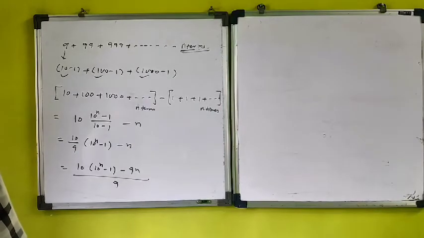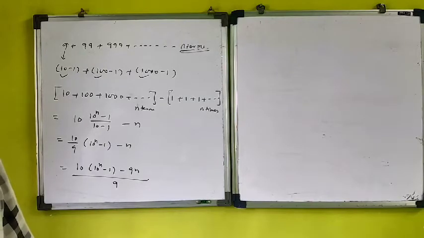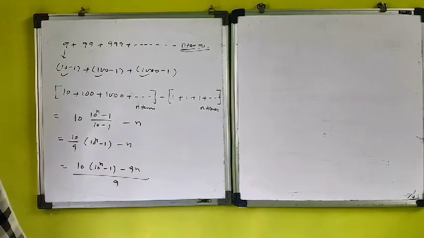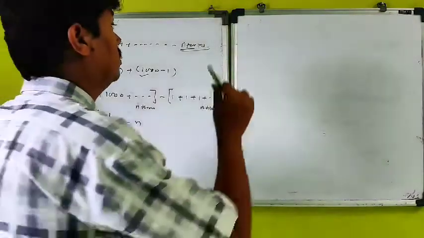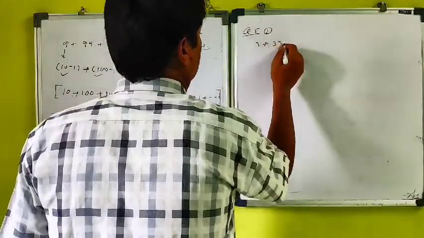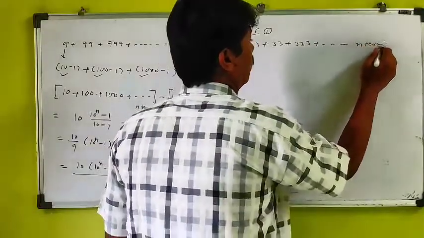It is given in the textbook. Question number 5, first one: 3 plus 33 plus 333. You have to find the sum of n terms.